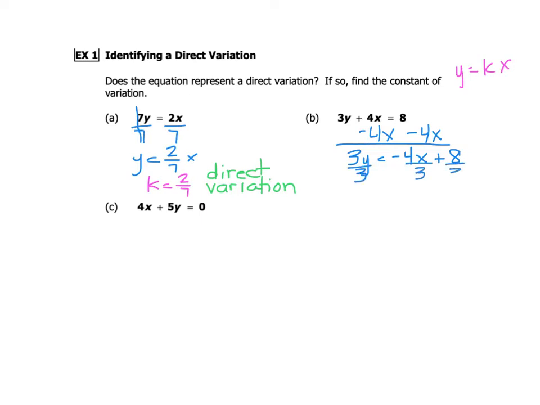Now I've got y equals negative 4/3 x plus 8/3. This is not in the form y equals kx because I have this 8/3 right here. So this is not a direct variation.